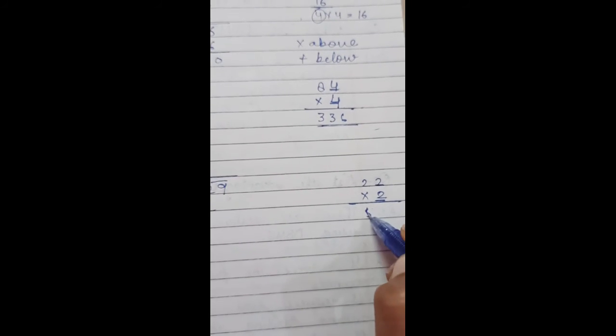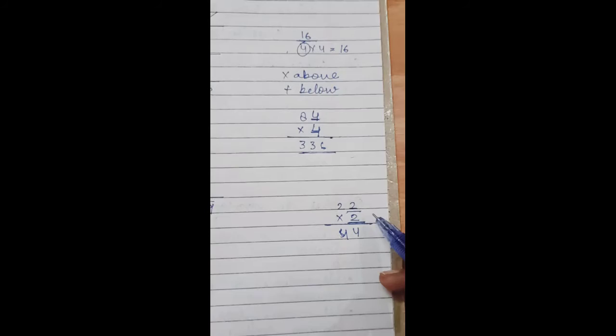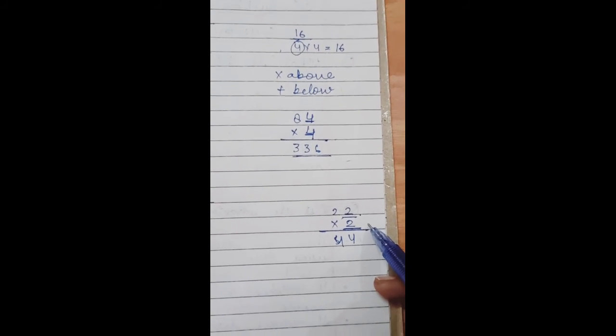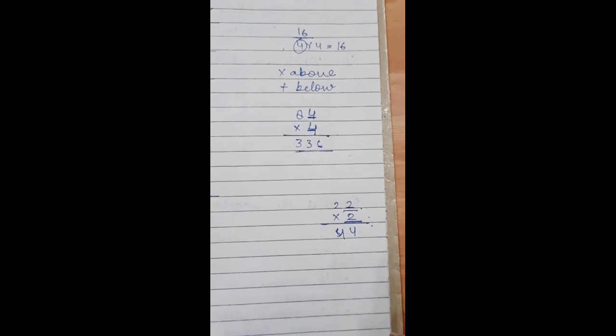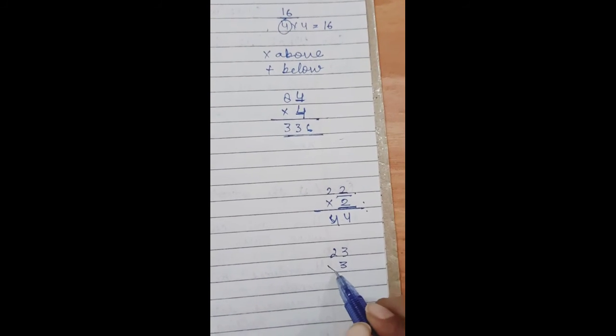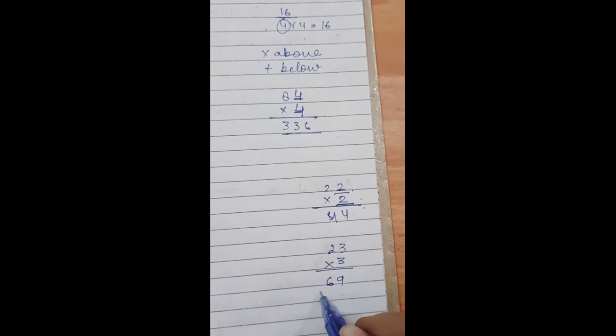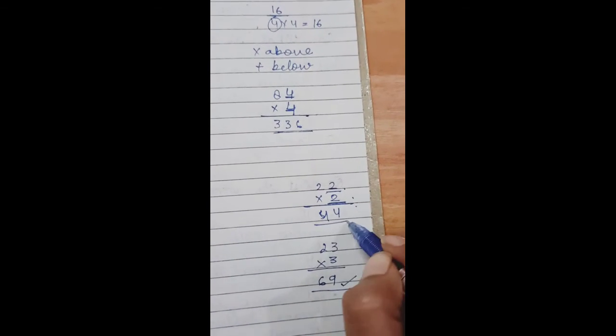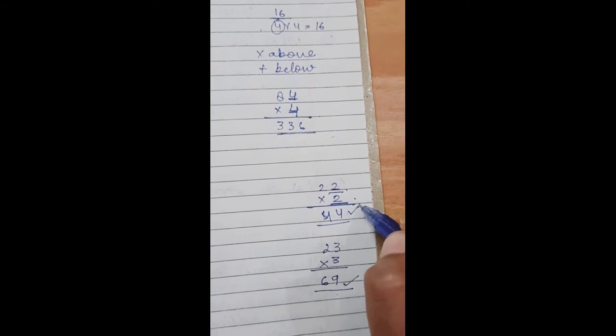So here we can get 44. Remember, the digit in both the blanks should be the same. Now suppose if we multiply 23 by 3, here we get 69, which is greater than 51. So we take this number 44.